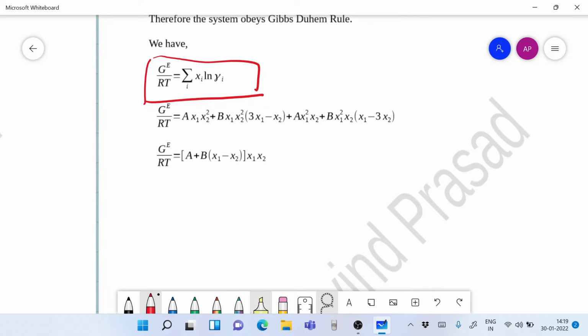So we write this out: GE by RT is x1 ln gamma 1 plus x2 ln gamma 2, and we simplify this equation. We get this equation after multiplying x1 with ln gamma 1 and x2 with ln gamma 2 and adding them up. So this is the final expression we obtain for GE over RT. So that was all, guys.